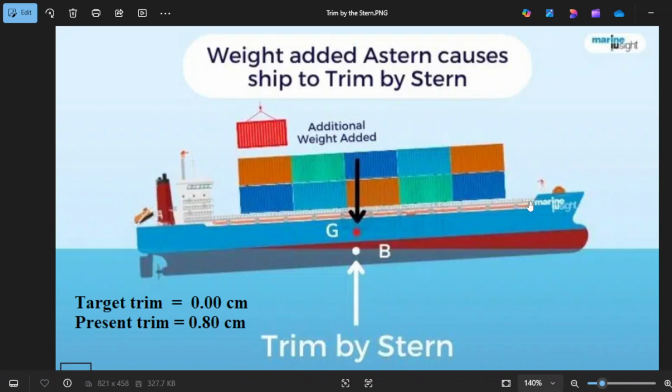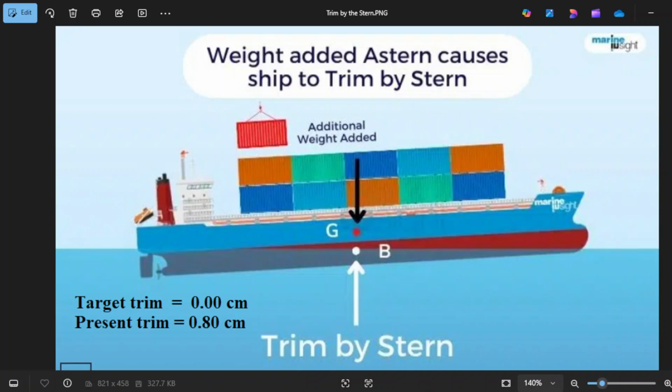Or from your forepeak, you shift the ballast to after peak, then your main drop will also be the same, and the change of drop, okay, your main drop will not be affected. It's only the trim of the vessel.